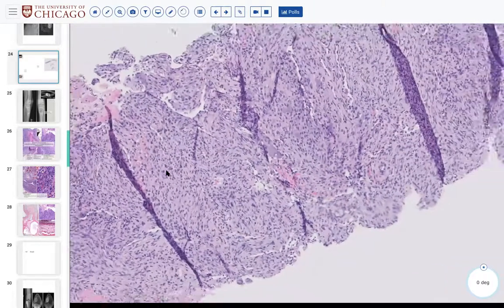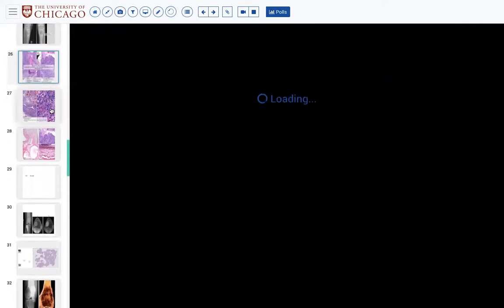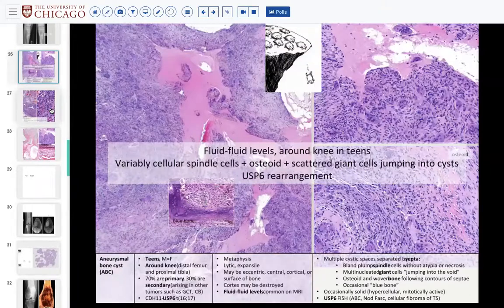It doesn't have those tightly packed storiform fascicles. It may or may not have the classic fluid levels, dependent on whether it's solid or cystic or both, dependent on in which direction the patient is lying recumbent on the bed of the imaging. The fluid levels are going to match the direction of recumbency. And so here's your classic example of cystic aneurysmal bone cyst.